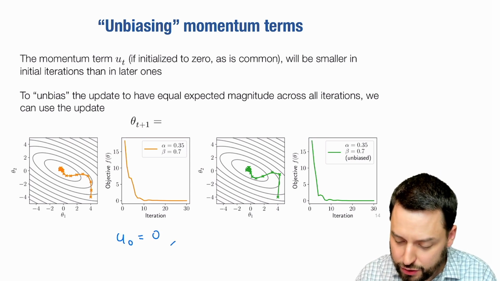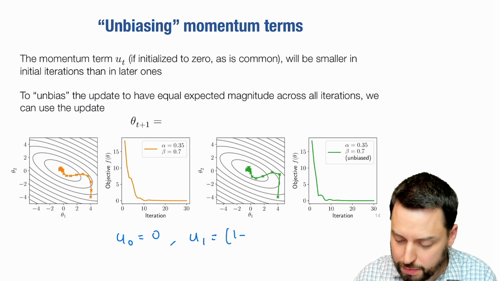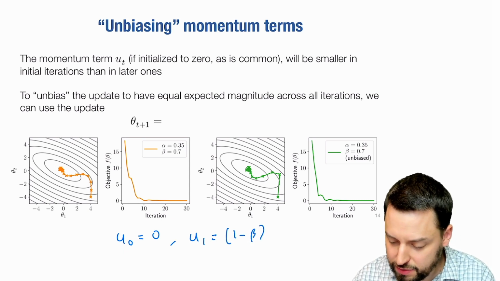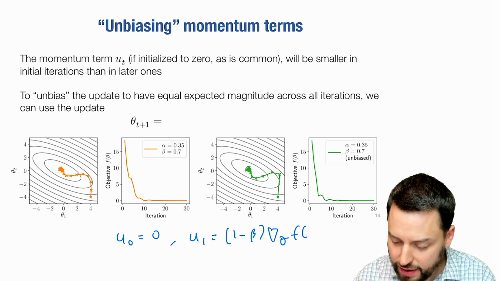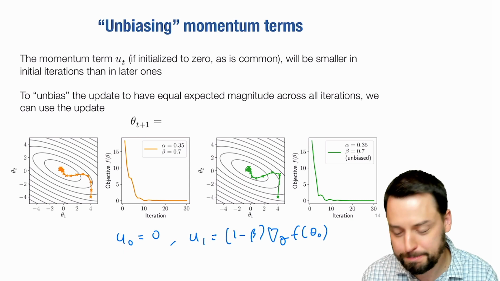Then you'd have u_1 equals beta u_0, but that's just 0, so that term doesn't come into play, plus 1 minus beta times the gradient of f at its initial parameter. Again, we'll talk about initialization in a second, but this theta_0 is just however you initialize theta.